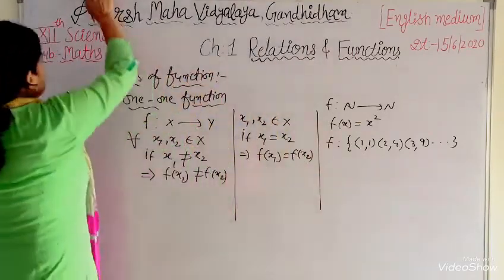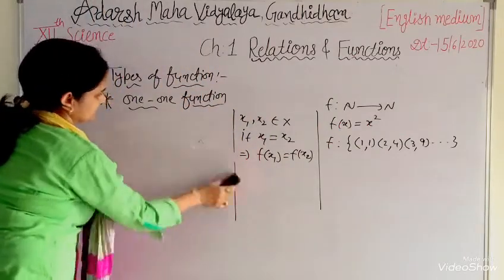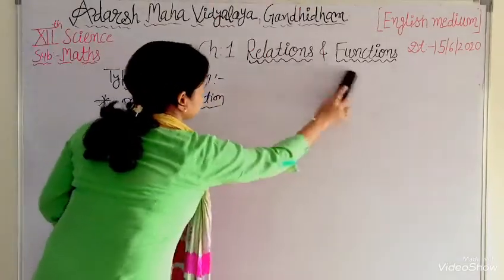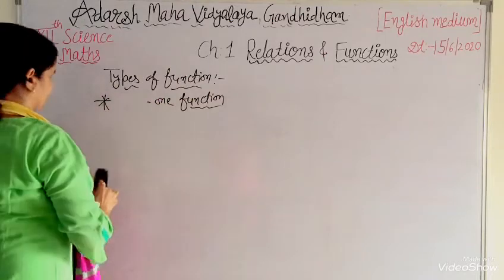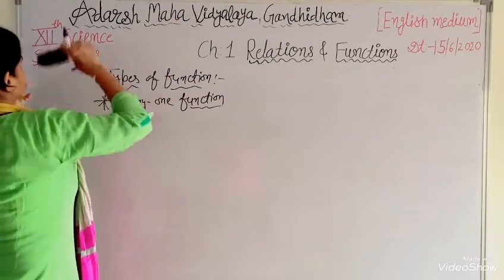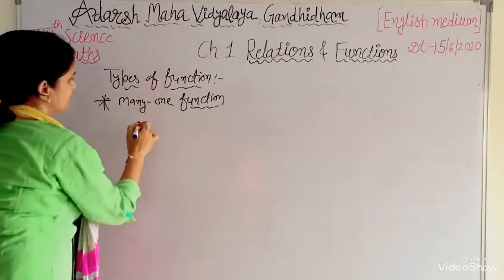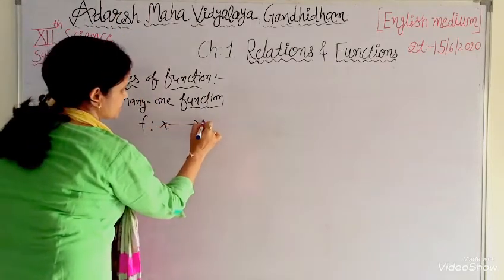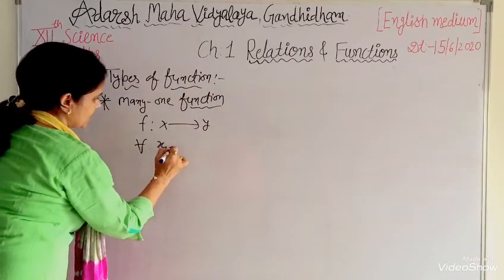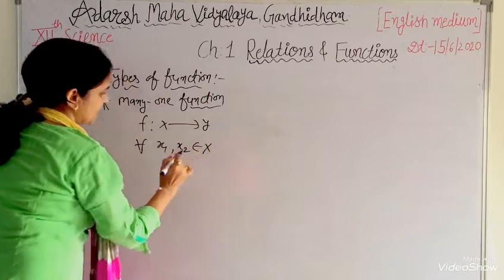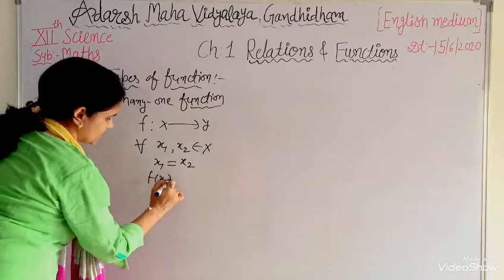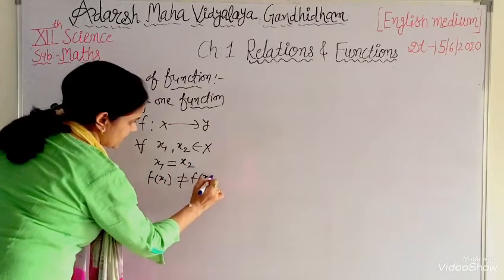Next is many-one function. You write in your notebook, student. Now, next is many-one function. A function f from X to Y is known as many-one if for all x1, x2 belongs to X, x1 is equal to x2, f(x1) is not equal to f(x2).